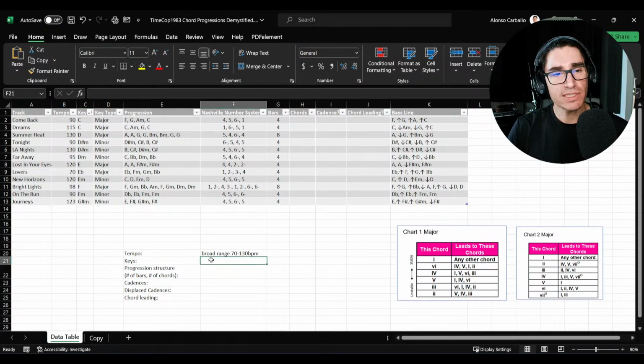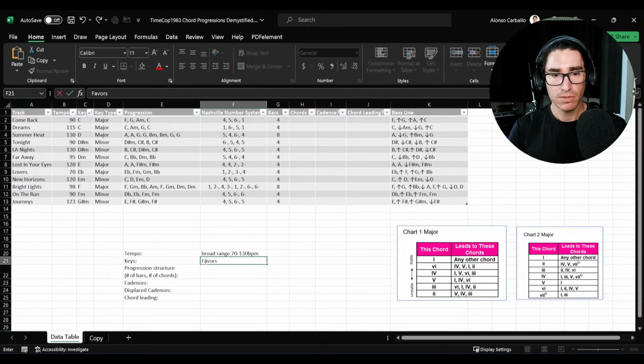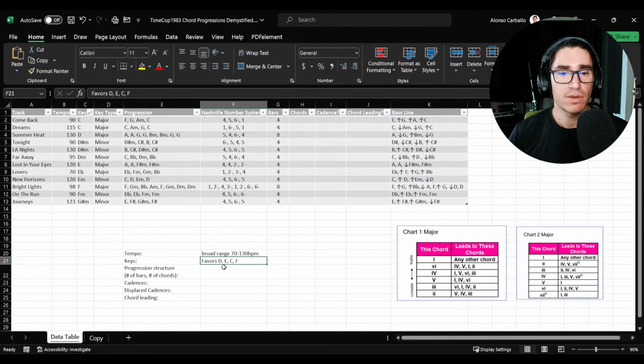But for now, one of the things that we could say is that he tends to favor D and E, and to a lesser degree, I would say C and F in their flavors and variants. Okay, why doesn't he use, let's say, G flat or A flat or B?